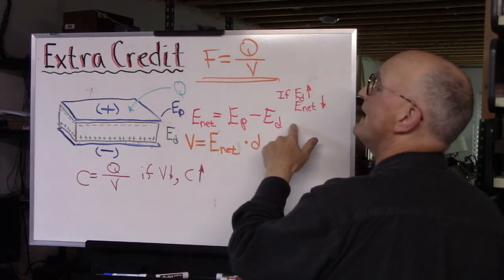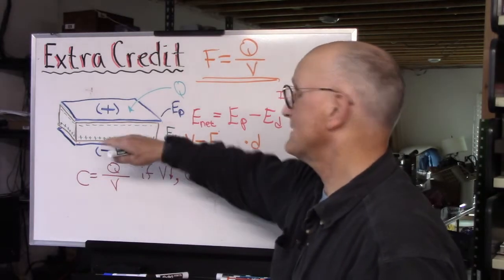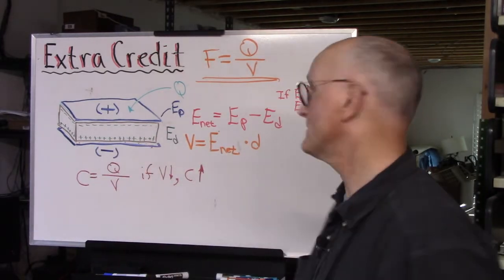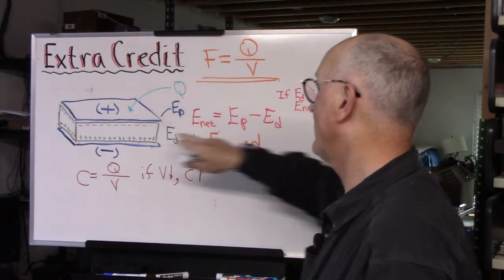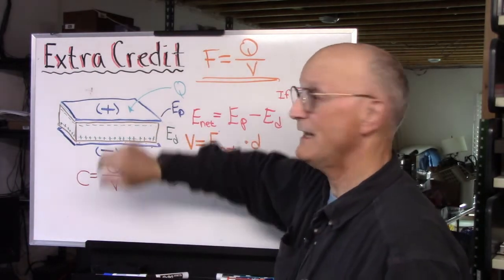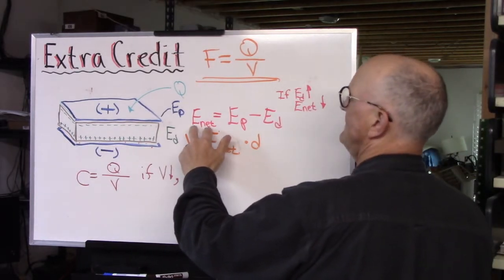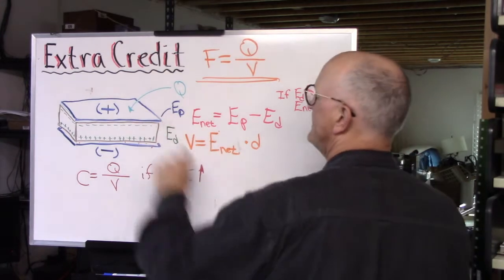So the higher the dielectric constant, the more easily this dielectric is polarized, the higher this opposing electric field is in the dielectric, and the lower the net electric field is here.